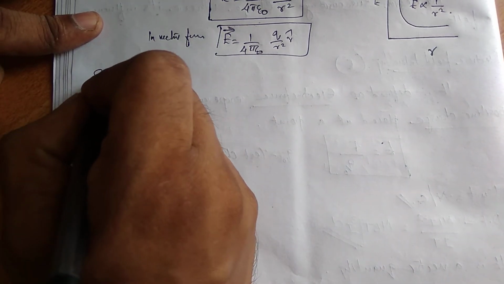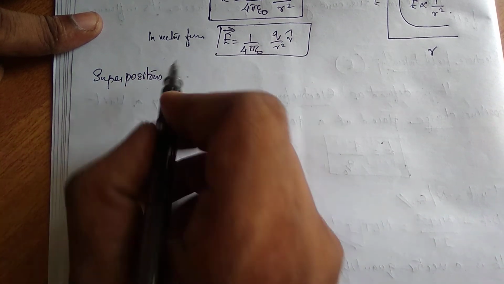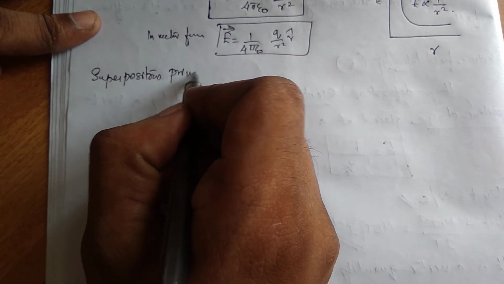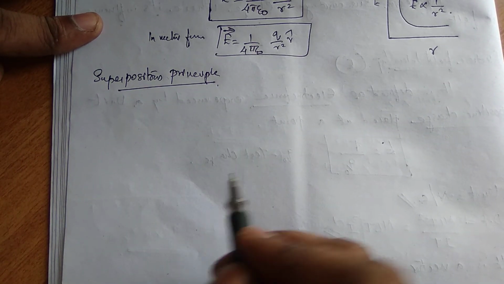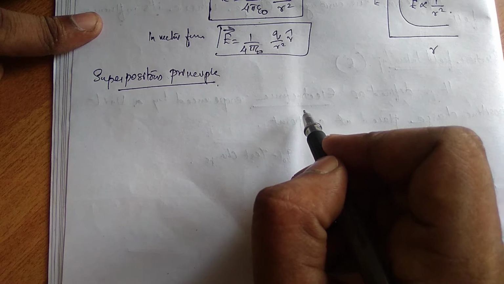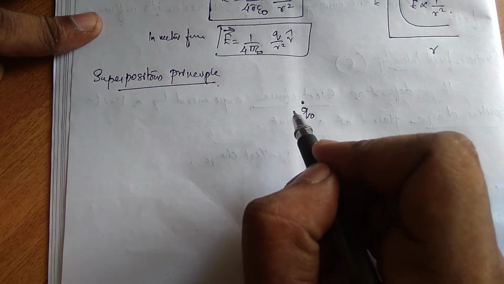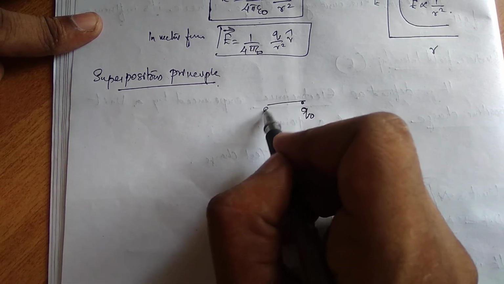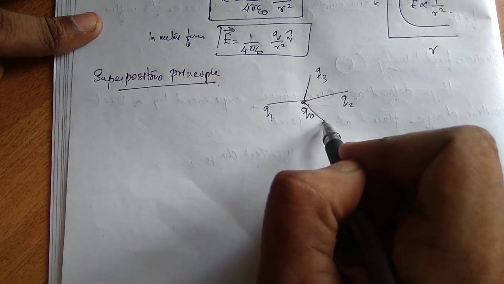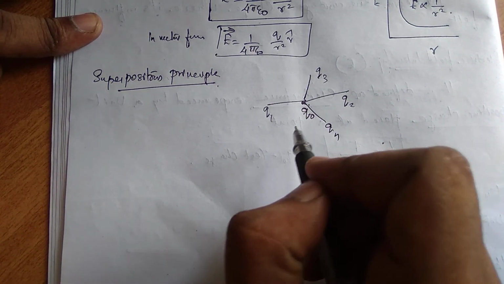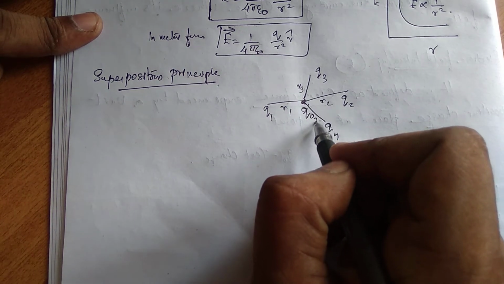Next is the superposition principle of electric field intensity. For that, consider a system having point charge q0 and charges q1, q2, q3, etc. qn at distances r1, r2, r3, etc. rn.